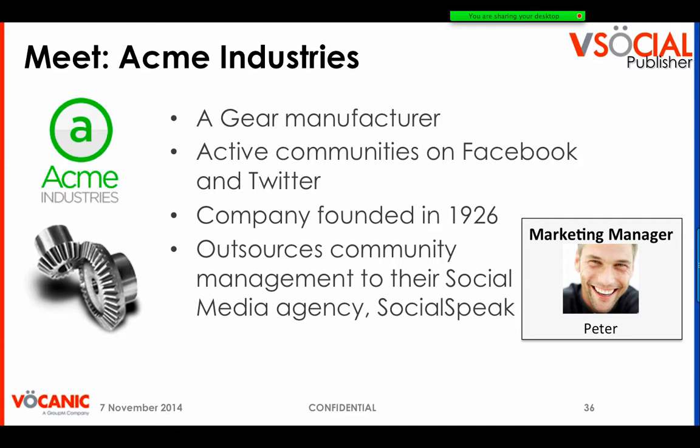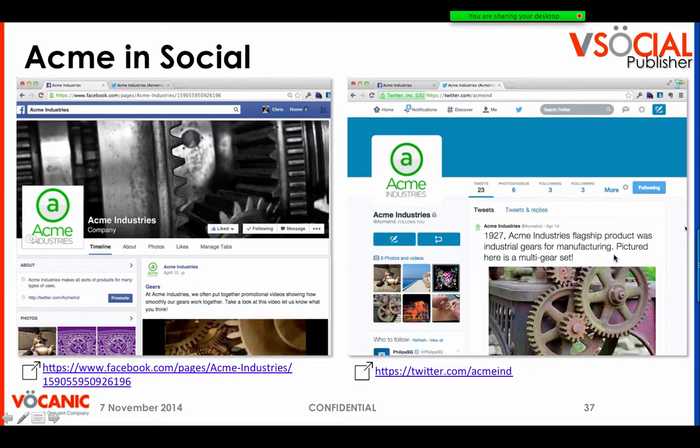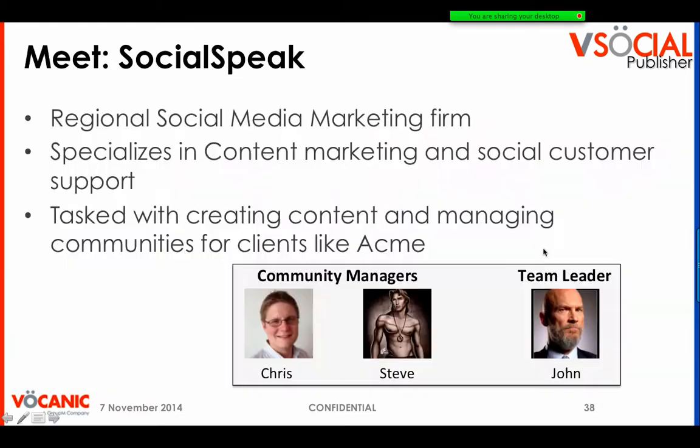They have active communities on Facebook and Twitter. And this individual here, Peter, is the marketing manager. He plays an important part in the content approval strategy for Acme, since he is set to be level 2 in the workflow. These are just some screenshots of what Acme looks like in Facebook and Twitter.